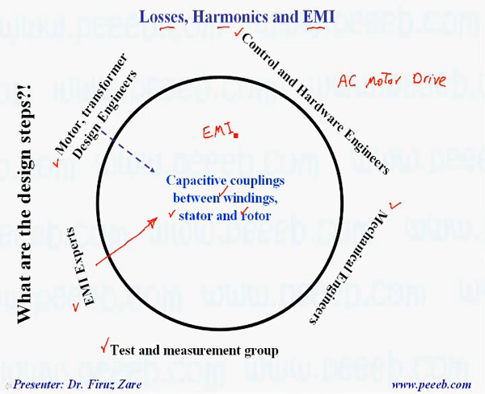If we consult and communicate with the EMI expert, we can optimize our system, because once we design an electric machine or transformer, and once we design a controller and hardware for this design, it's not easy to reduce the EMI. The only solution is then to have a better layout and EMI filter. But by communicating with other engineers, especially the EMI expert, we can look at the capacitive coupling and, if it is significant, optimize the design and reduce it.